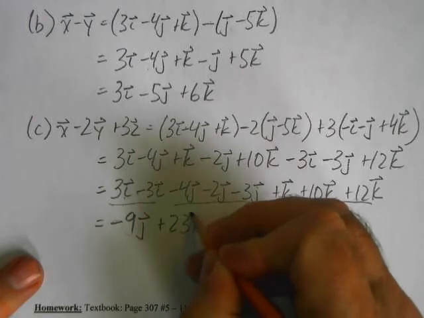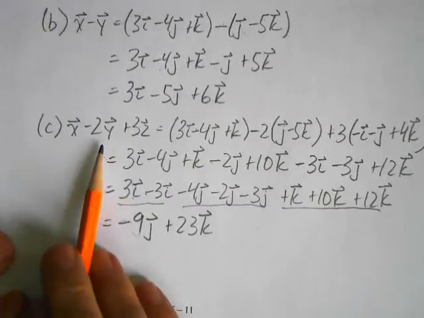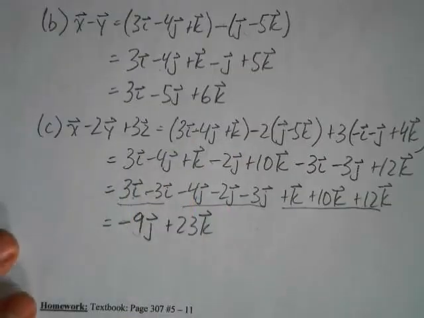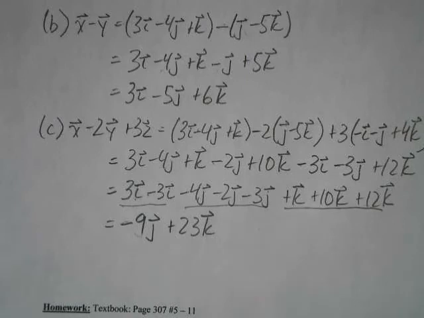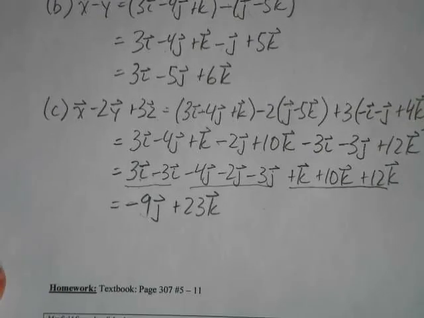Okay, so that would be the result of this algebraic operation. You can see that it makes a lot of sense. It's not any different than working with non-vector algebra. So that's it in terms of examples.